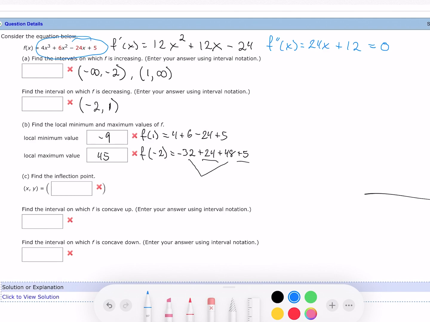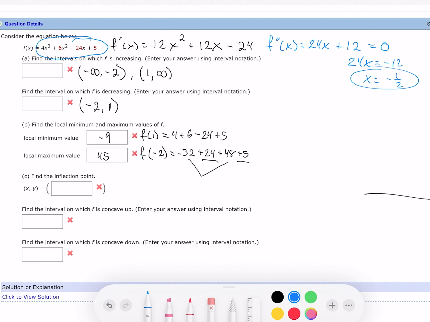If I subtract 12 from both sides, and, well, I'll write out that step. 24x equals negative 12, x equals negative 1/2. This is when I might be changing concavity.